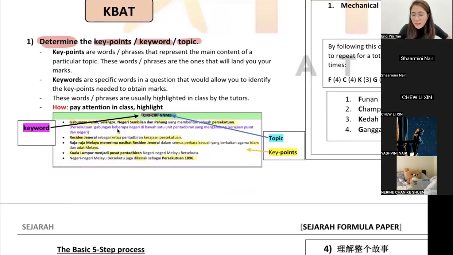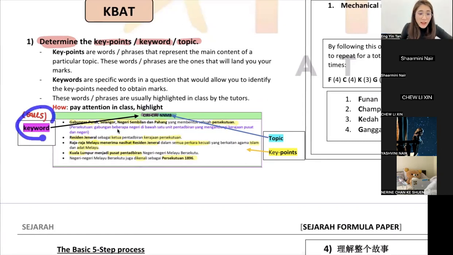Okay, so the keywords and the key points I see. The topic is NNMB. This one is your Form 3 level. So yeah, ciri-ciri Negeri-Negeri Melayu Bersekutu. So Negeri-Negeri Melayu Bersekutu is the topic. Ciri-ciri is the keyword you can see from the question. Boleh faham? So normally you see these keywords in the question.